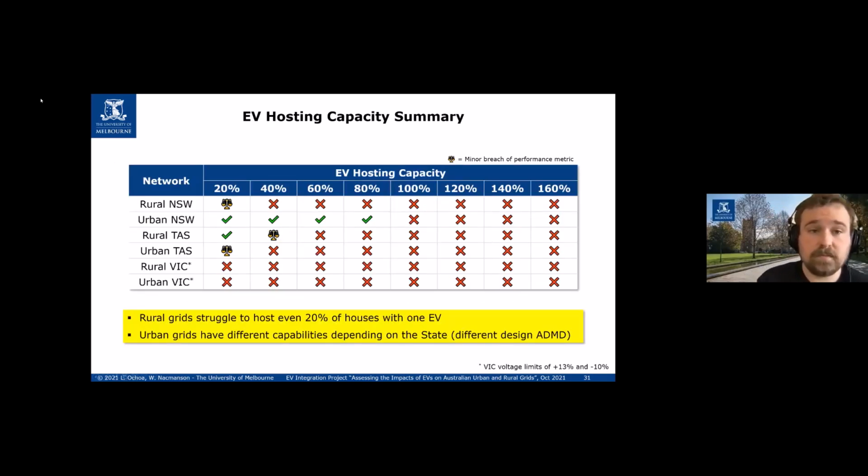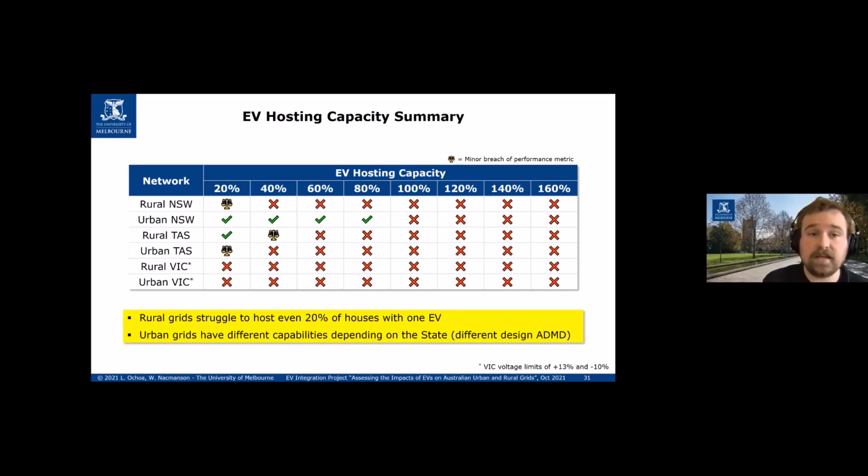So here, before we get into the results, this is a summary of what's coming. And immediately you can see that there are problems. In particular, rural feeders are struggling to host even 20% of homes with an EV, whereas urban feeders tend to fare a bit better, but it really does depend on the region.